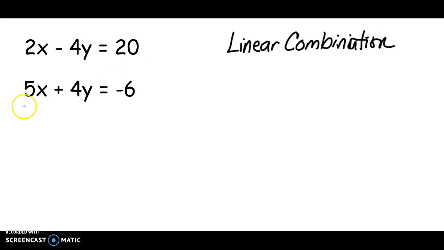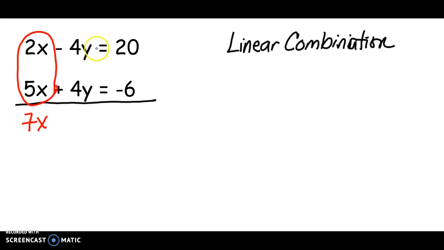So when I look at these two, I'm going to combine them as if I were adding them. So I'm going to combine or add my x's. I take 2x and 5x and I get 7x. And I take negative 4y and 4y, and if you notice, those actually cancel out.